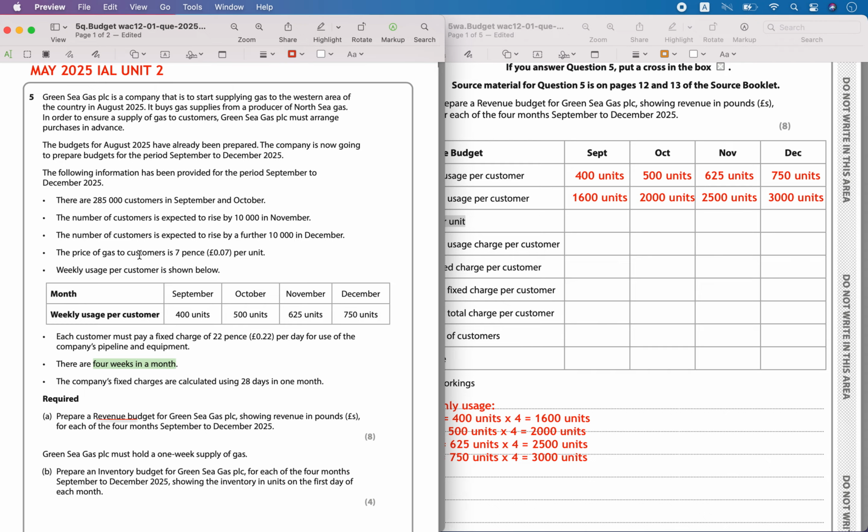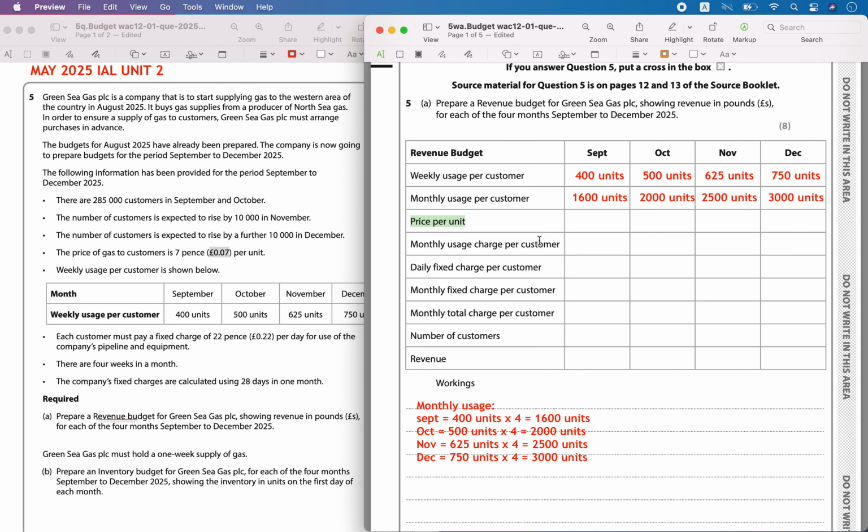Now price per unit: what is the gas price per unit paid? It was 0.07 per unit, the same for all the months. So we will just fill in 0.07 pounds.